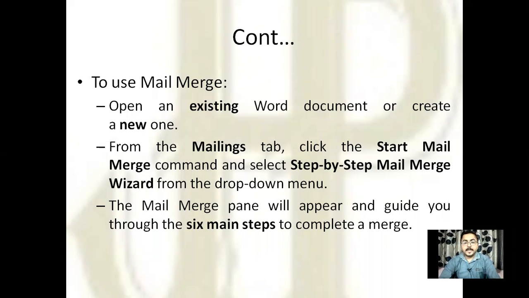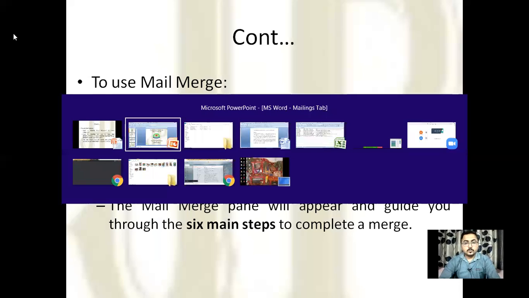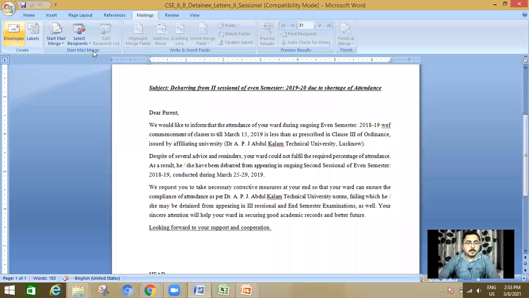The Mail Merge pane will appear and guide you through the 6 main steps to complete a merge. Here, you can see that this is Start Mail Merge and all other steps are deactivated, like write and insert field, preview result, and finish.